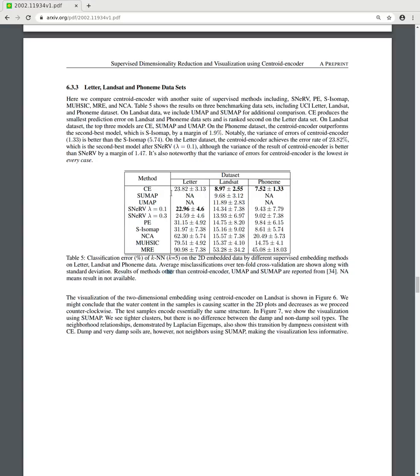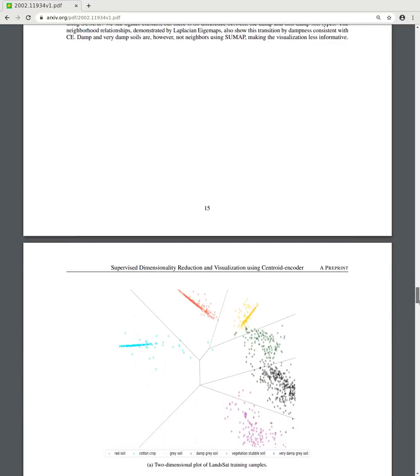So Centroid-encoder here in the letters seems to be losing. It seems to be just behind this SNRV method, but very close. In the Landsat data, the Centroid-encoder is winning in this metric. On FEMIM data, the Centroid-encoder is winning again.